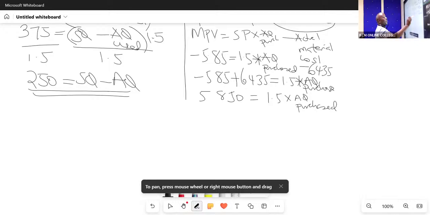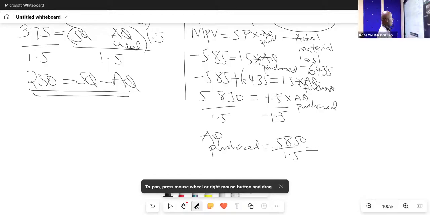Meaning that I divide both sides by 1.5. So AQ purchased will be equal to 5850 divided by 1.5, which will end up giving me what figure? 3,900. Is that okay?